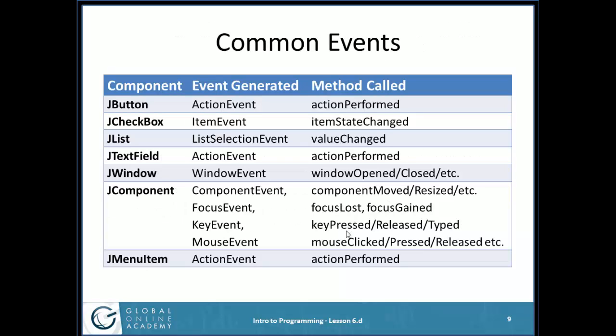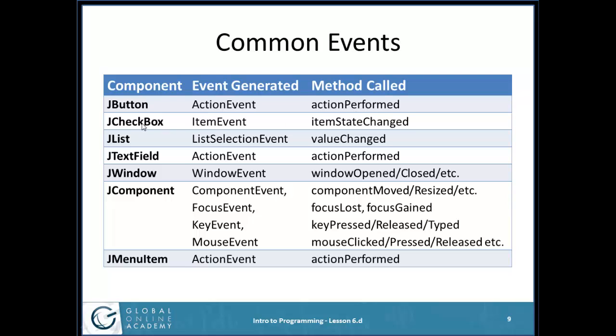Now, what are some of the common events? A JButton generates the event ActionEvent. That's the one that we saw in the example code that I did 2 pages ago. The method that gets called to handle this is actionPerformed. So my listener had a method called actionPerformed.